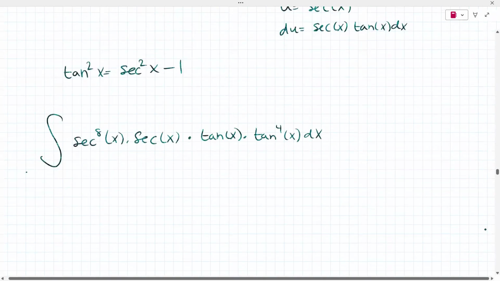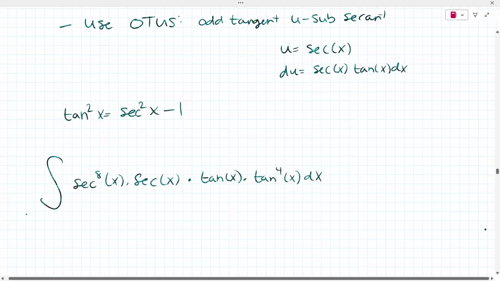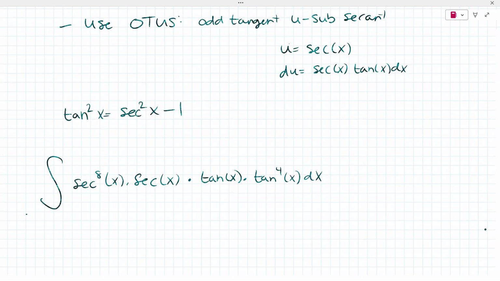Since our u is going to be secant of x, we replace this secant of x with u, and when we take the derivative of that, we get secant of x tan of x.